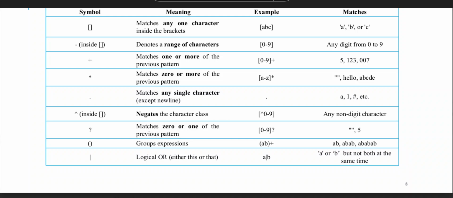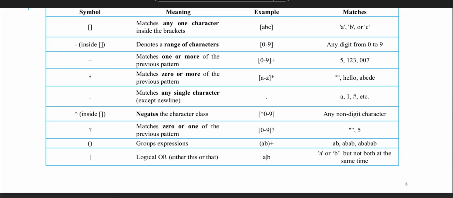Then parentheses are used for grouping. If I write AB inside parentheses, that will match just AB, but the cool part is we can combine it with quantifiers. For example, if we write AB inside parentheses and outside we write plus, that will match AB, ABAB, ABABAB, and so on.